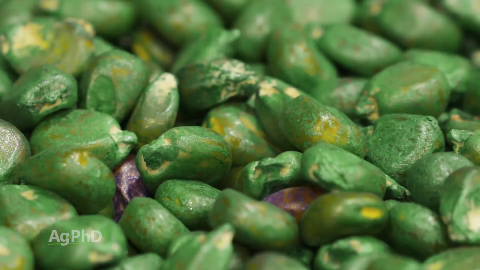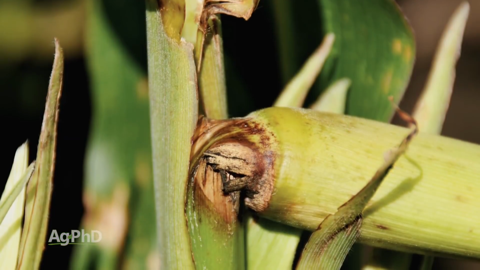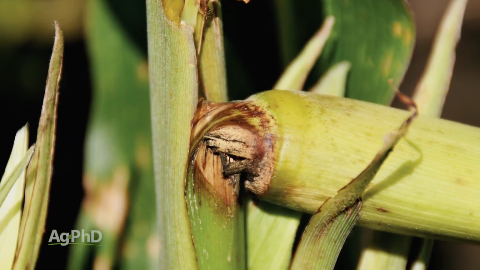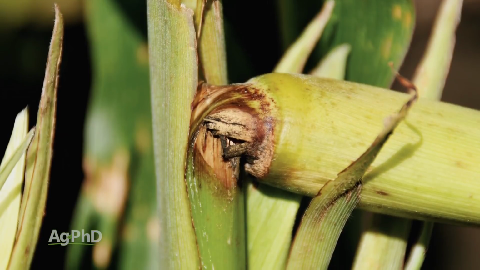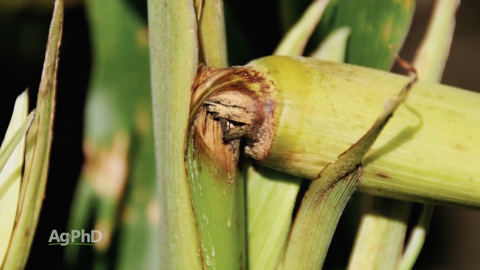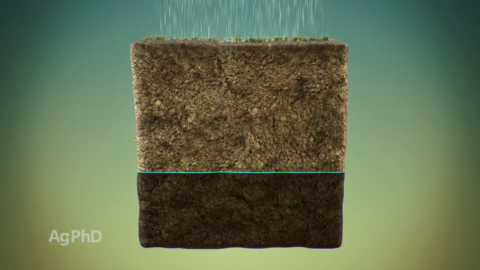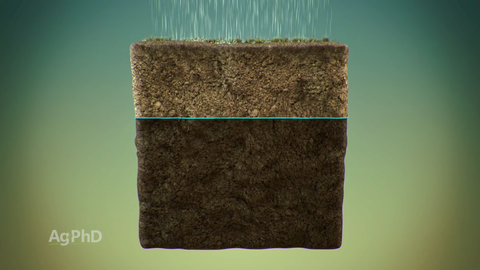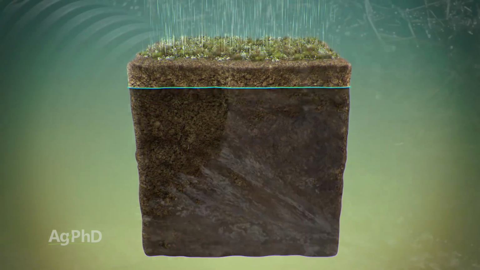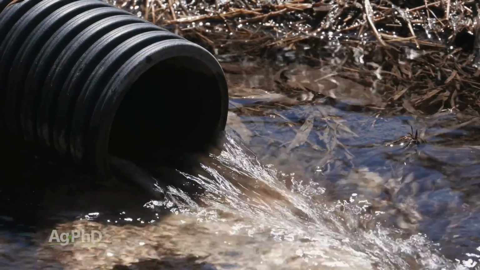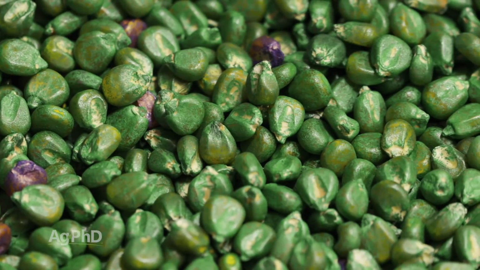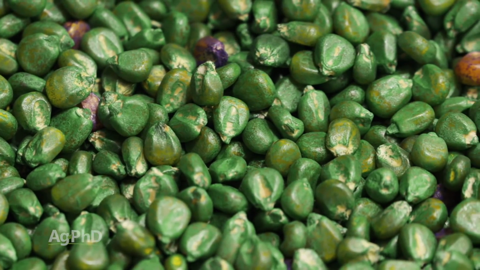Now the next thing I would look at is seed treatments. And seed treatments make such a huge difference in terms of stalk quality because a lot of these stalk rots and diseases that are going to show up later in the season actually started early season getting in through that root system. So if your crop has wet feet, you've got to protect it as best you can. You've got to improve your drainage, number one, but use a really good seed treatment. And there are some big differences in the industry today.